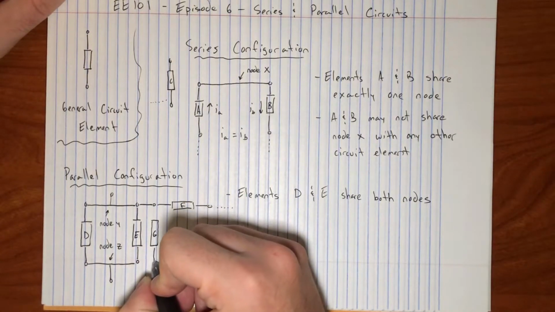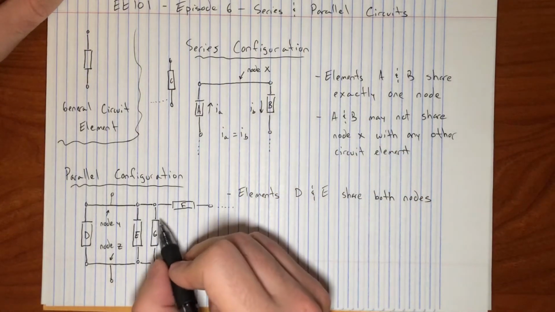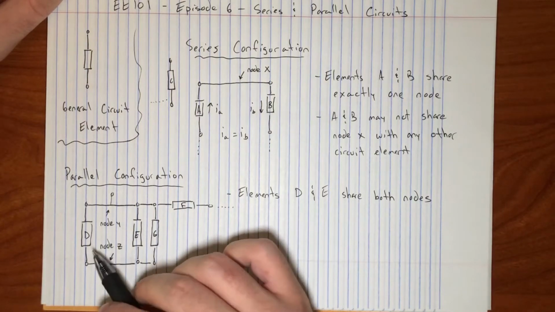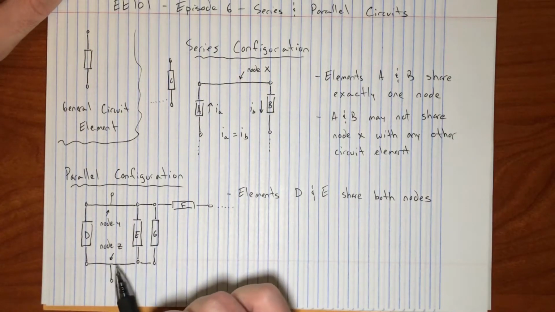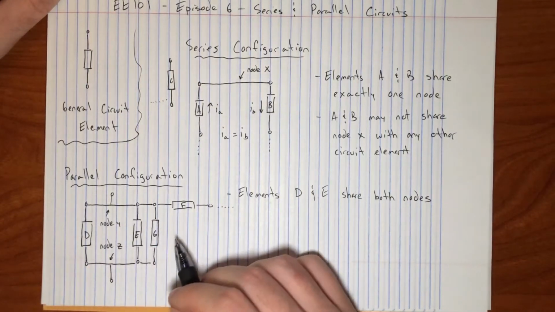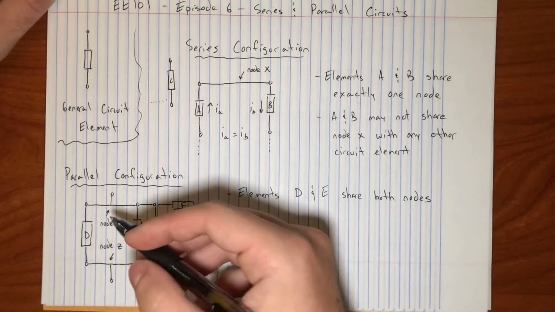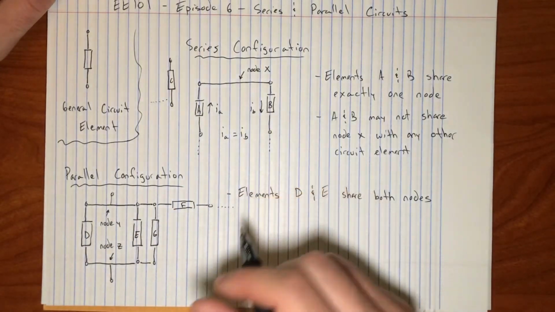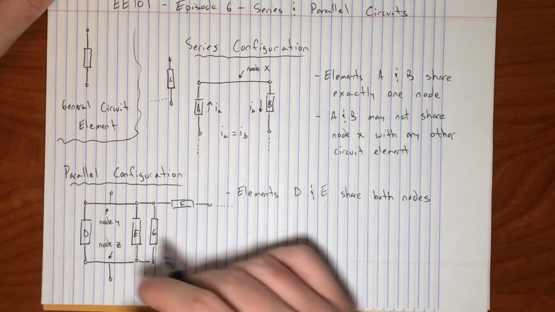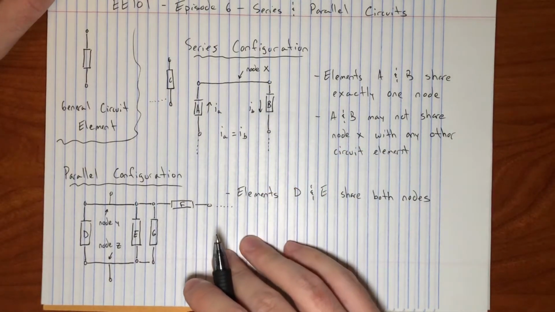G. Well, all I've done now is add another element in parallel with D and E. So now all three, D, E, and G, are in parallel simultaneously, but we haven't caused D and E to not be in parallel. So there's nothing you can do. As long as this one rule is satisfied, you have a parallel circuit. In many cases, this is almost easier to identify than the series circuit.